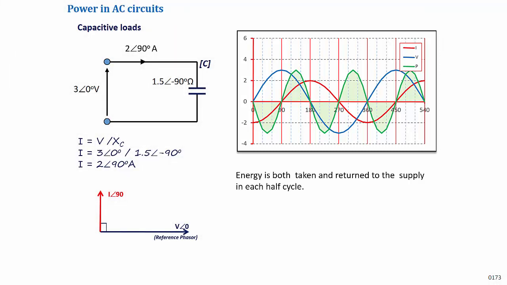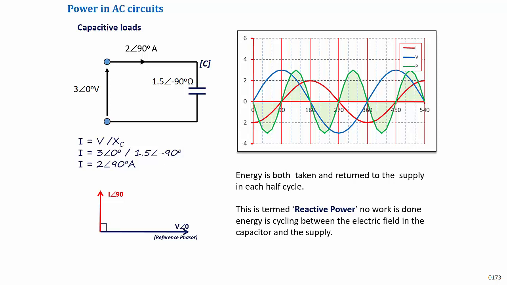In this case, energy is being both drawn and returned to the supply in each half cycle. This is termed reactive power. No work is done. The energy is simply cycling to and from the electric field in the capacitor.